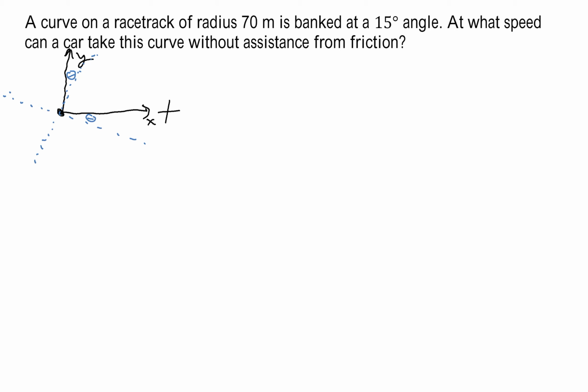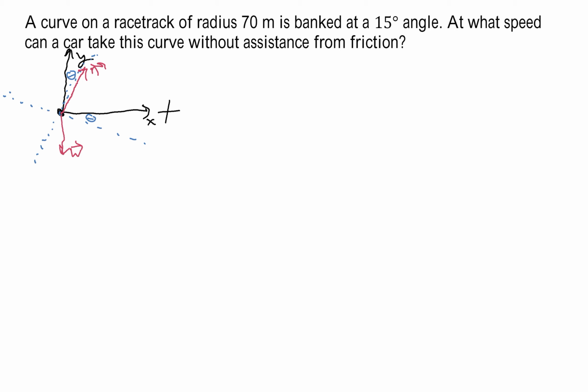Okay. So now let's fill in some stuff. We know that our car has a weight down. And we know that we have a normal force, but the normal force is going to act perpendicular to the road. So that normal force goes along that tip. So that's N. Okay, so now what we have always done is broken the vectors into components.